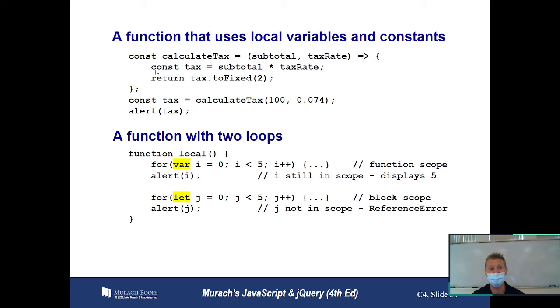Same thing with tax. Tax is declared inside of calculate tax. It's only accessible inside of this function. So global variables are global across all the scripts. Local variables and local constants are only accessible inside of a function.